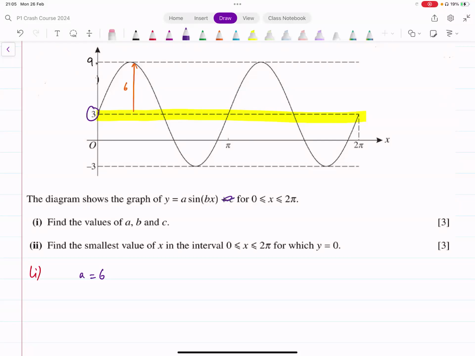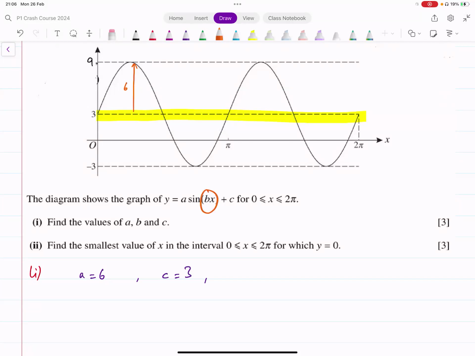If you did not have any number outside, then the baseline would be 0. Y equals 0, right? You have 3 here. That means the baseline has moved up by 3 units. The C represents that baseline. The value of C is going to be 3, therefore. So we have the values of A and C like this, that they were pretty easy to figure out. A was the amplitude and C was the baseline.